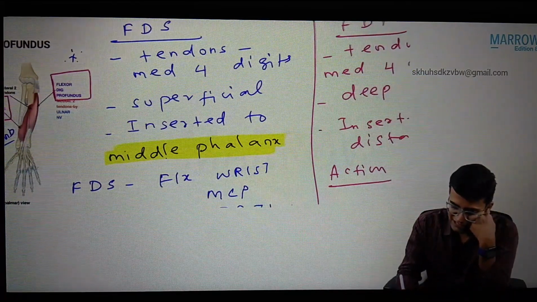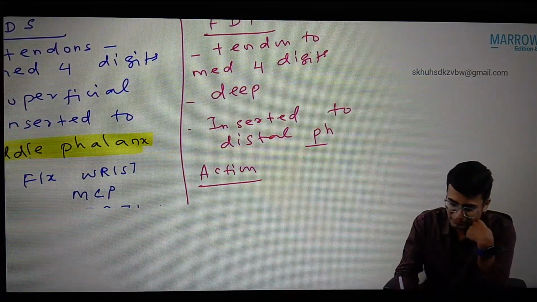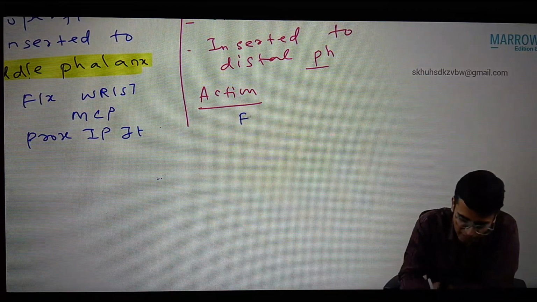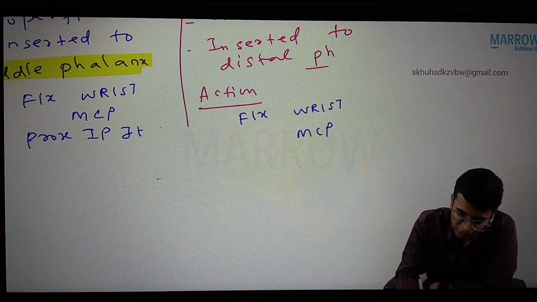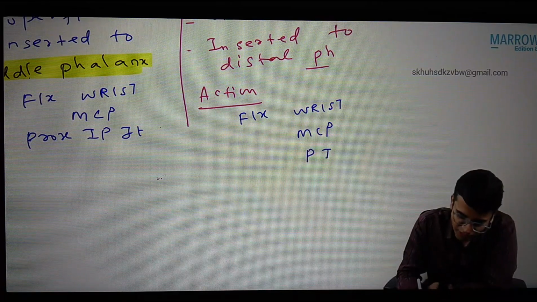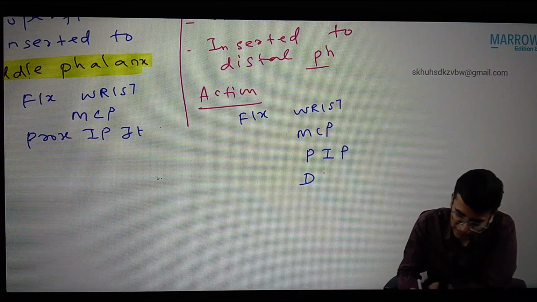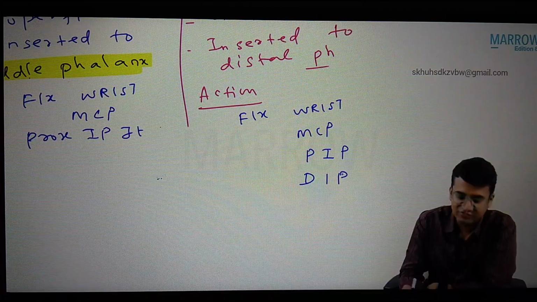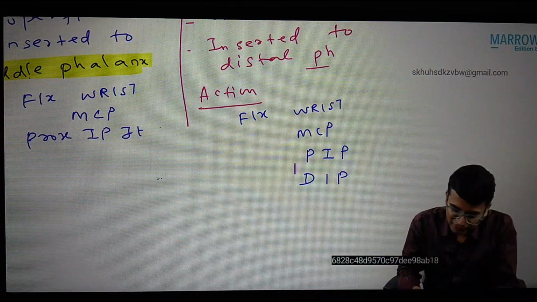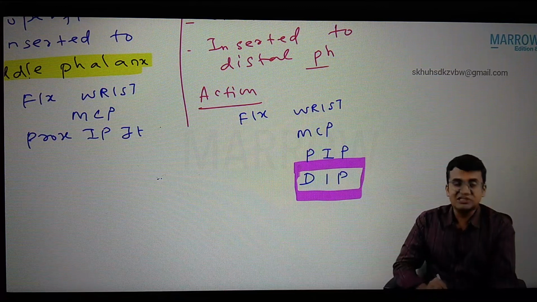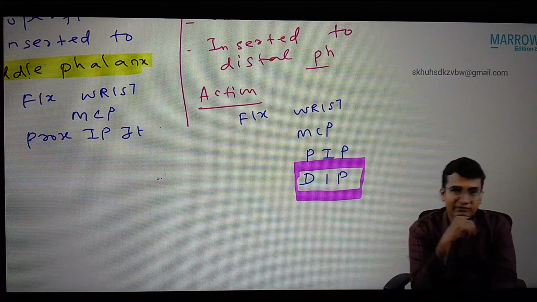So the actions of FDP: flexion of wrist, flexion of metacarpophalangeal joint, flexion of proximal interphalangeal joint, and flexion of distal interphalangeal joint. The only extra action done by FDP is flexion of the distal interphalangeal joint.